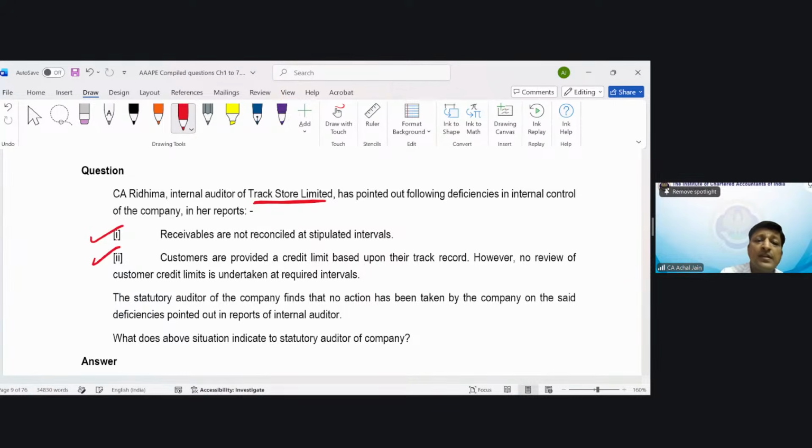Second, customers are provided a credit limit based upon their track record. However, no review of customer credit limits is undertaken at required intervals. Now, we are talking about the deficiencies here.